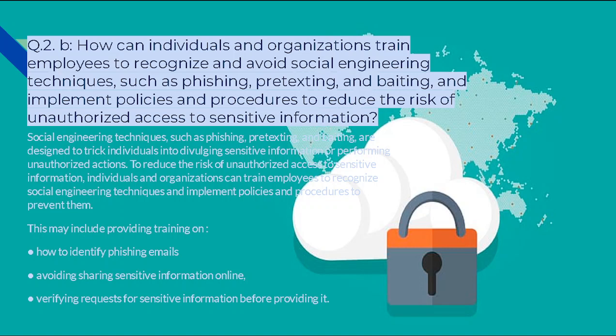To reduce the risk, individual and organization can train employees to recognize social engineering techniques and implement policies and procedures to prevent them. These policies may include how to identify phishing emails, avoiding sharing sensitive information online, verifying requests for sensitive information before proceeding. These are the very common measures that should be taken in order to improve the security of the system.